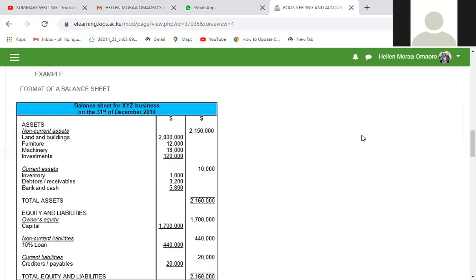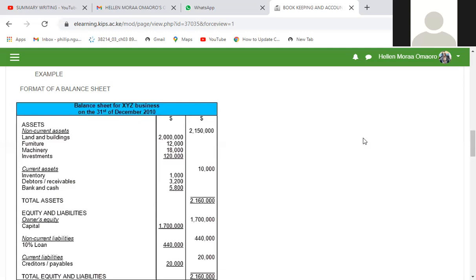Okay, these are the goods or cash which have been taken by the owner of the business for private use or for personal use. If you take the goods for you to use in your house, it's not in the business, then those are drawings. If you take some amount of money from the business for you to use with your family, then that is drawings.